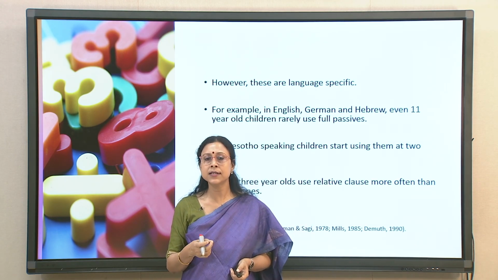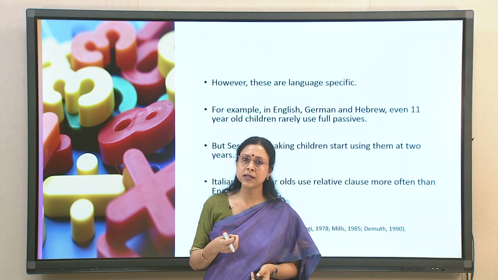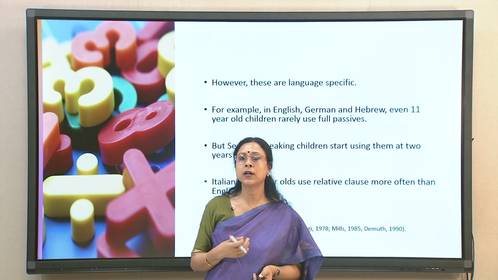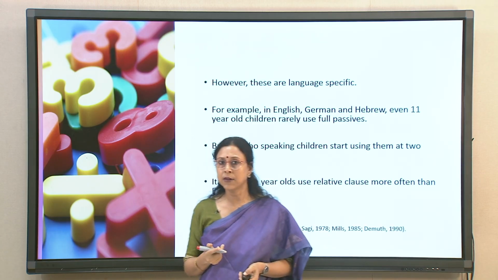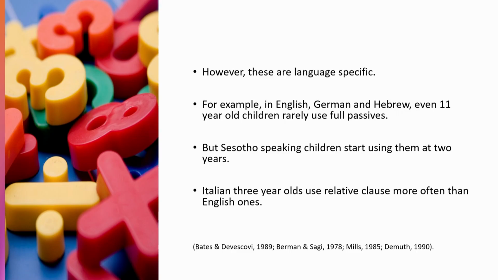However, certain languages make it more prevalent, more common, or more high frequency. One language that the literature typically gives as an example is Sesotho, which uses passive structure very often. Children start using them even as young as 2 years of age.